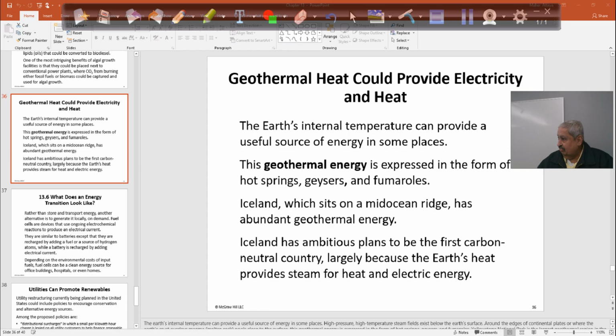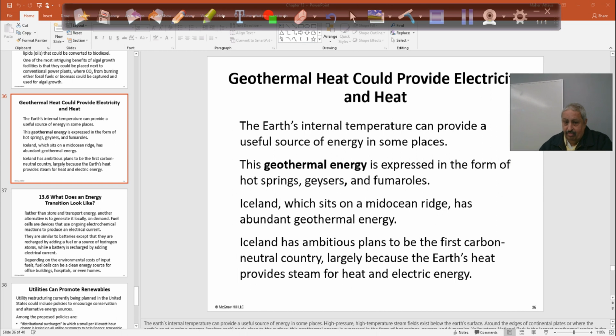Yes, that's very recent, in the last maybe 10 years or something, that's natural gas coming, and they call it geothermal energies. And those come in as hot springs, geysers, fumaroles. So Iceland, for example, which sits on a mid-ocean ridge, has abundant geothermal energy.